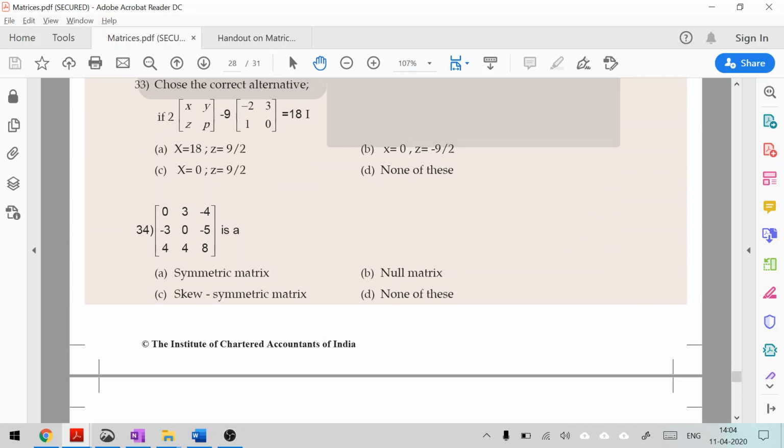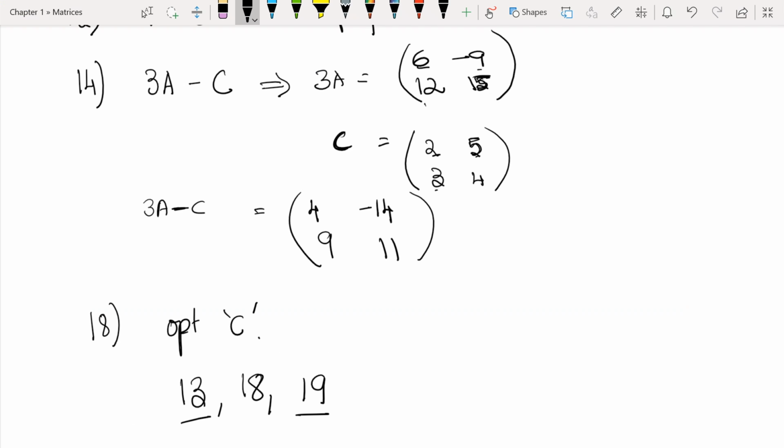You can try question number 34 as homework. Okay, it's a very simple, straightforward problem. Question number 34. So see you all in the next video where I'm going to teach matrix multiplication.